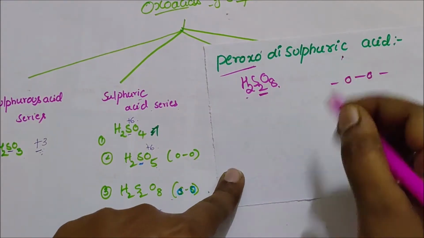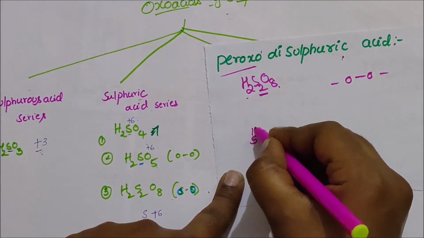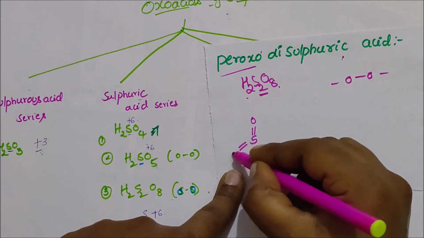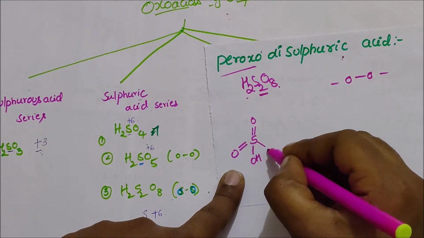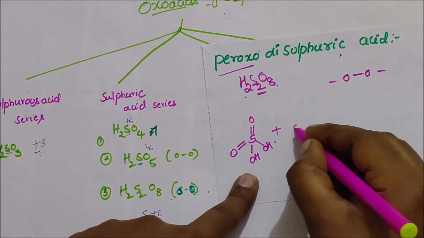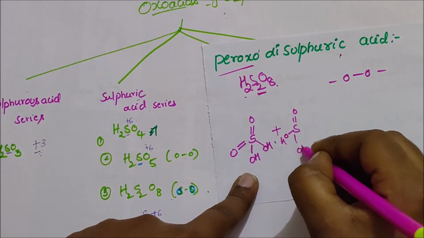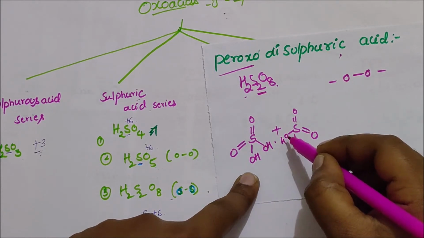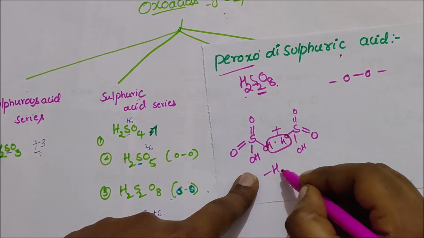Disulfuric acid: we consider the sulfuric acid structure, H2SO4. This is the sulfuric acid structure, and we take another sulfuric acid, H2SO4. These sulfuric acids react with removal of a water molecule.